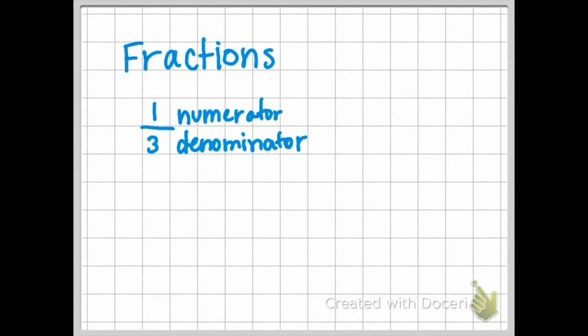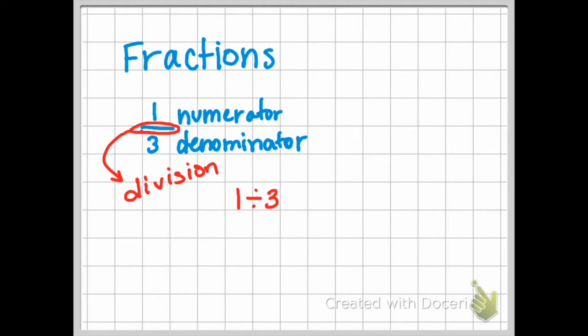The first thing that you may not understand is that this fraction line right here represents a form of division. So every time you write a fraction, you're actually dividing. And this 1/3 really represents 1 divided by 3.